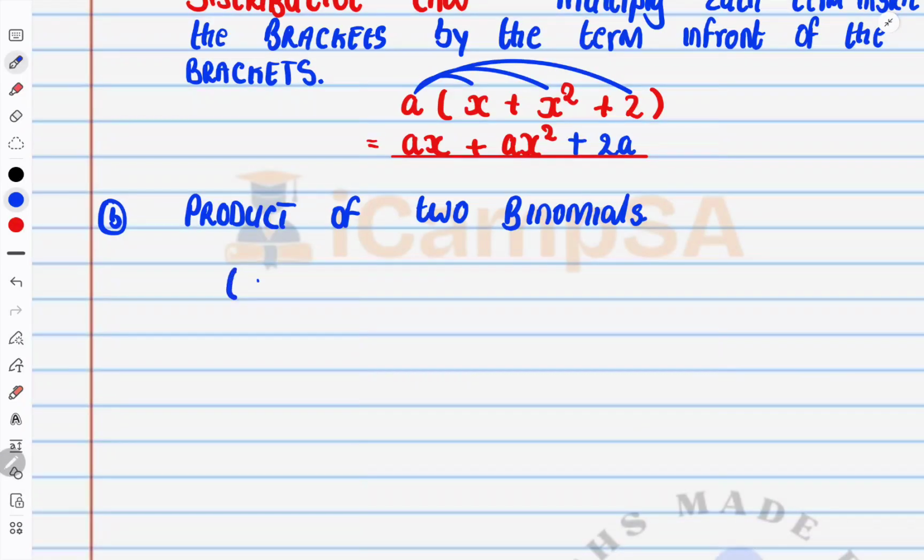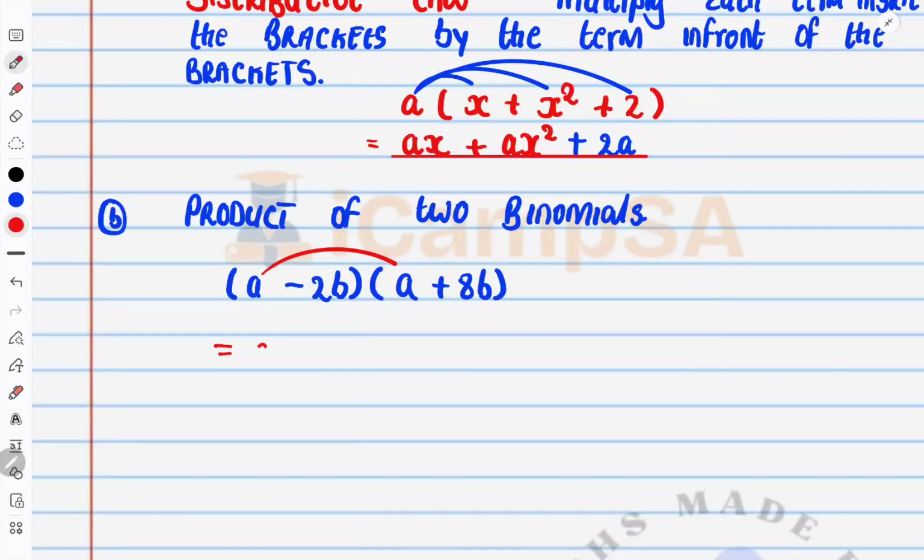Let's say we're given a minus 2b into brackets a plus 8b. Okay, according to the distributive law, we'll use that term to multiply each term in the second bracket.